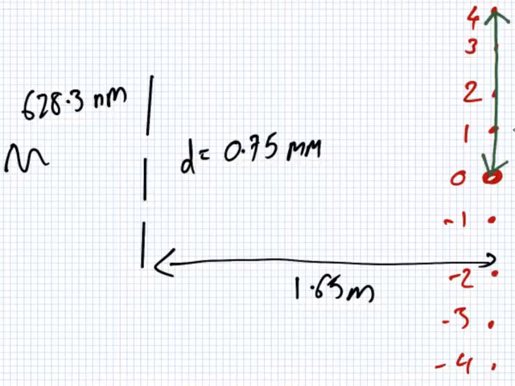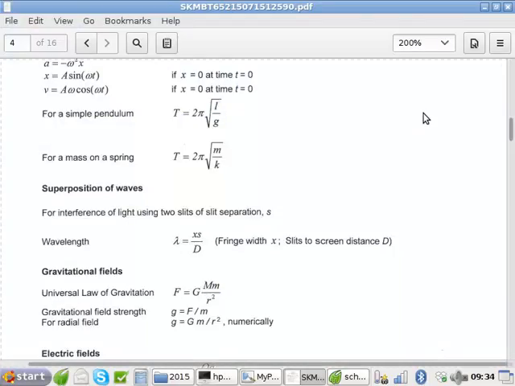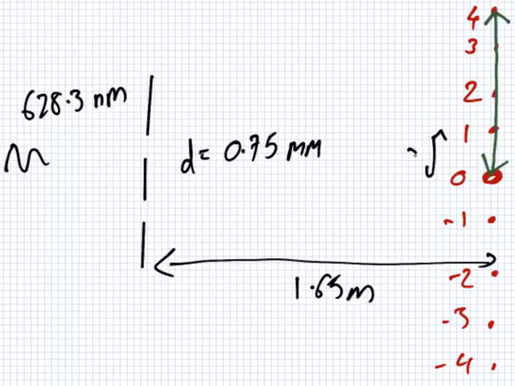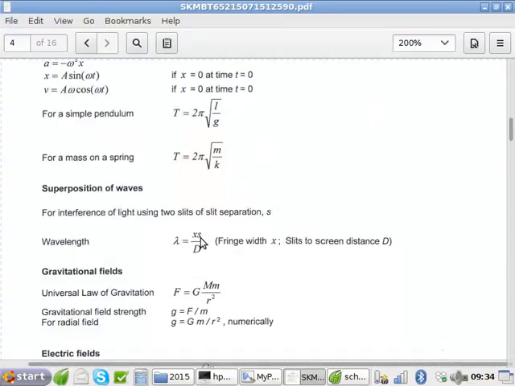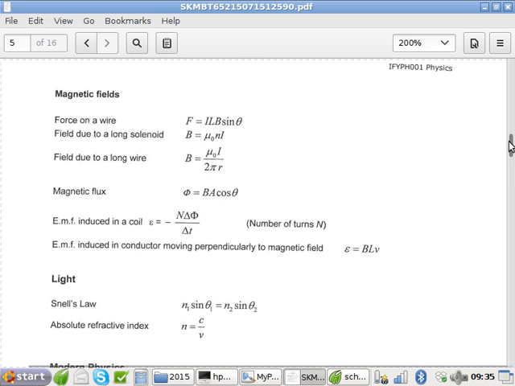So, let me just call these distances here S, the slit. Oh, I'm sorry, no, what they call S, I call d, and X here. So there's two formulas you can use. You can use this one, except I use a d instead of an S. Or the other formula, which I don't actually think is in the book, which I'll write down for you.